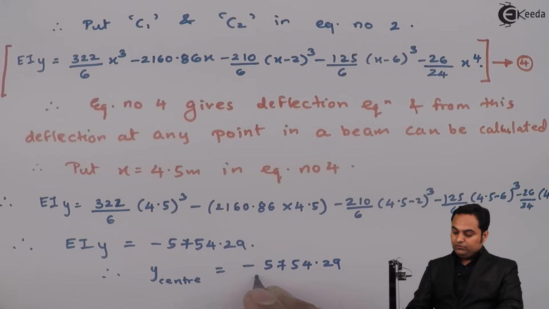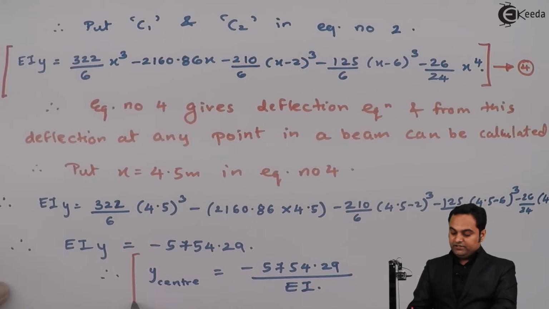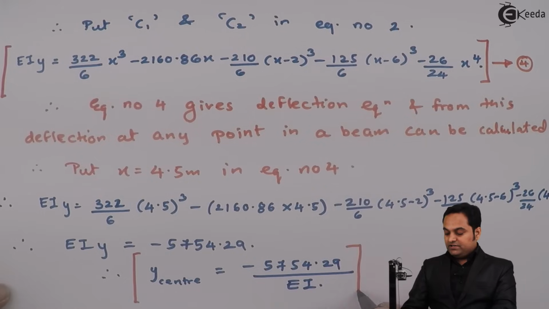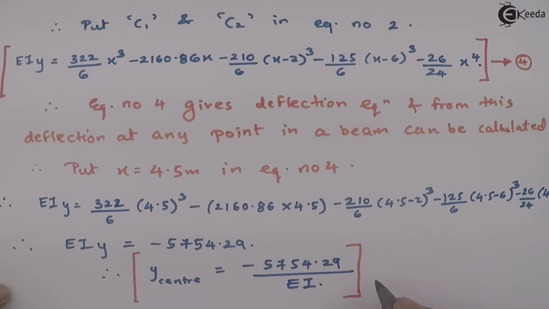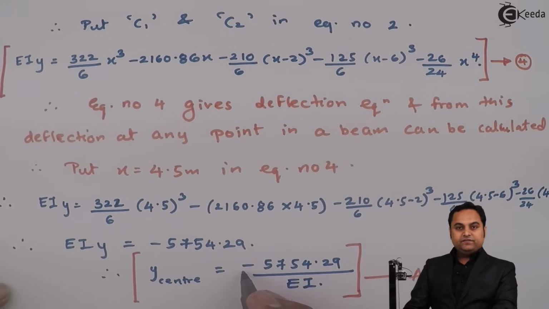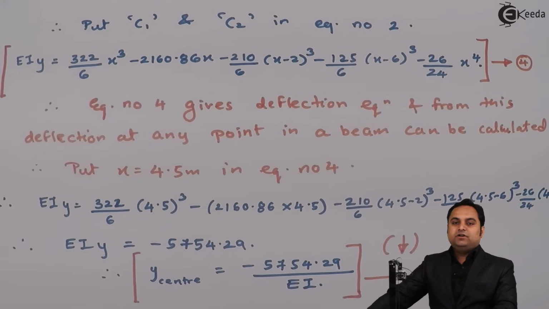I'll shift EI onto the other side, so it comes in the denominator. Suppose in this problem, if EI value would have been given, we would have put the values and found the answer. But here, since EI is constant, I'll keep it as it is. So this is the deflection at the center, our third answer. And here negative sign indicates that the deflection of the beam is in the downward direction. And with this, we complete the problem.